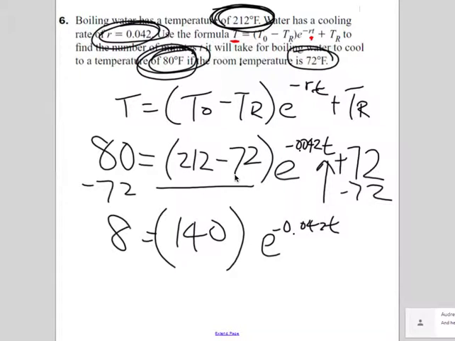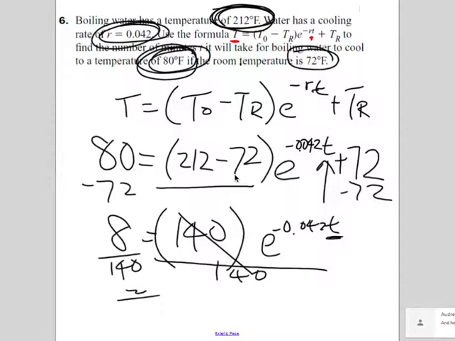Again, our goal is to isolate the T, so we're going to divide 140 on both sides. That cancels out. This gives us 8 over 140, that's 2 over 35. Let me double check. Yeah.